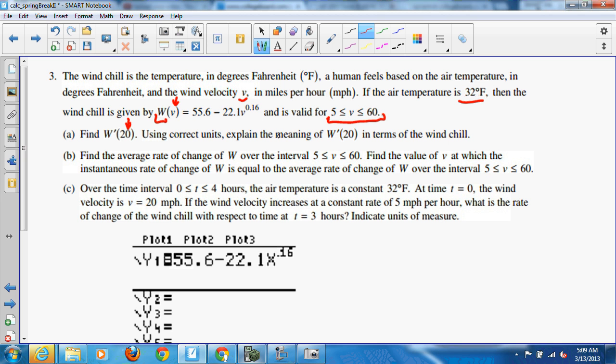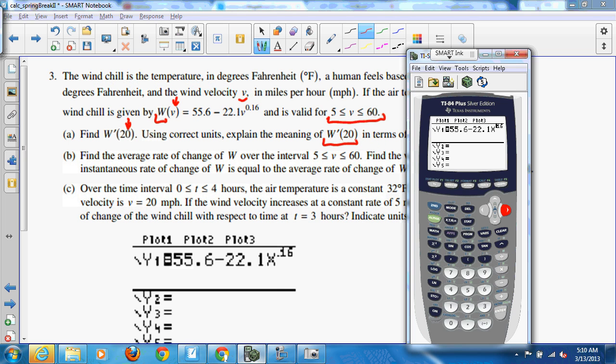So we're going to use a calculator to crank this out. But they want us to talk about this in terms of the wind chill. So I've already put this in the calculator, you can see. And I zoom fitted my window so that I can see it. And I'm just going to do a second calculation, number 6, a numerical derivative at 20.